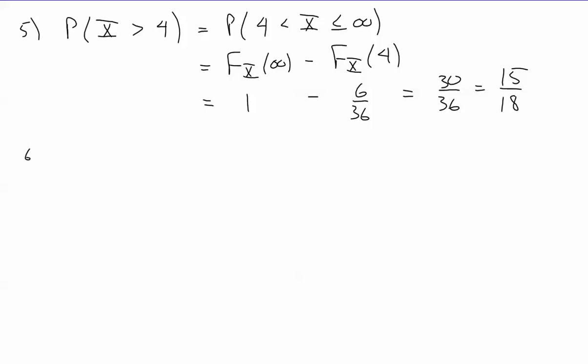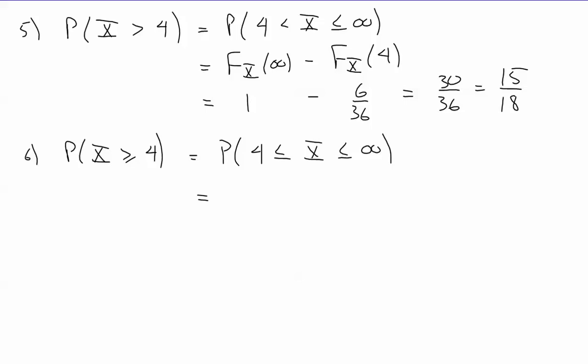And the last one for this particular series of examples, what's the probability that my random variable is greater than or equal to 4? Well, this is the probability of 4 being less than or equal to x, less than or equal to infinity. This clearly excludes the random variable equaling 3, 2, or 1.